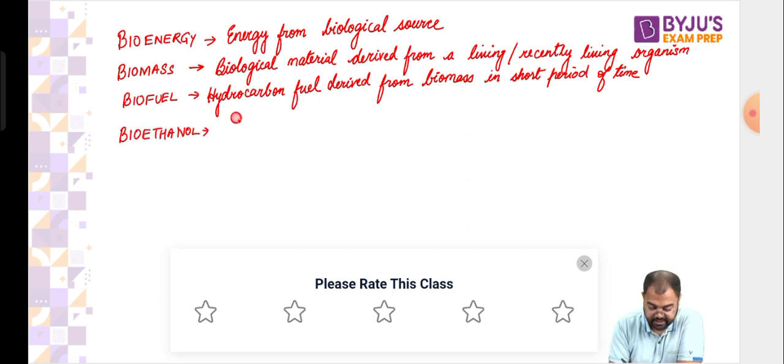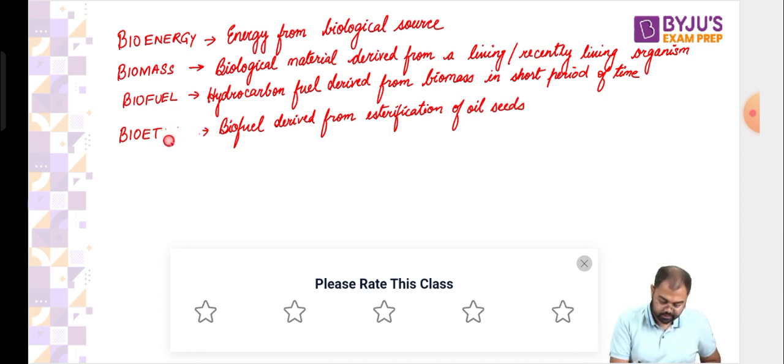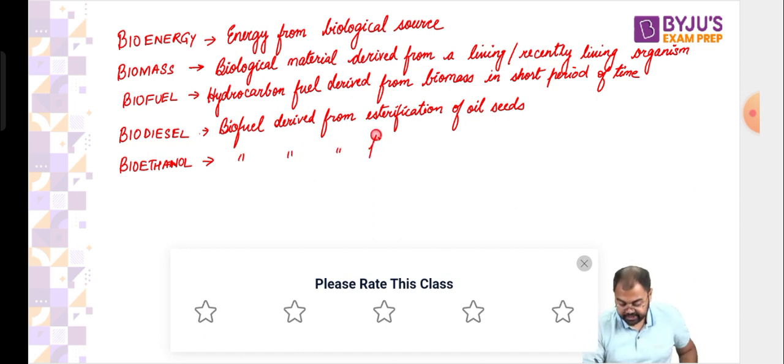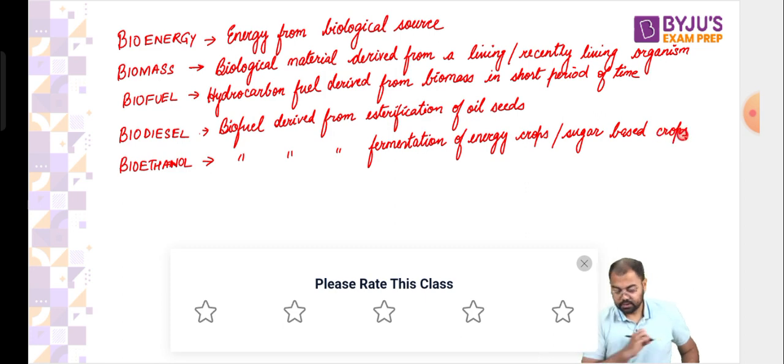Bioethanol basically is a kind of biofuel derived from esterification of oil seeds. Sorry, this is biodiesel. And then we have bioethanol. Bioethanol is a biofuel which is derived from fermentation of energy crops or sugar-based crops. So I hope this clears the confusion.